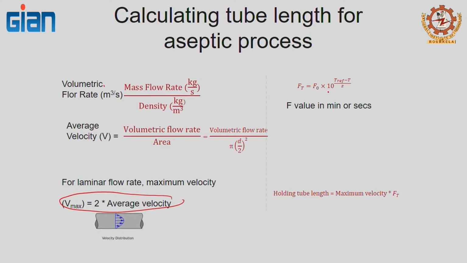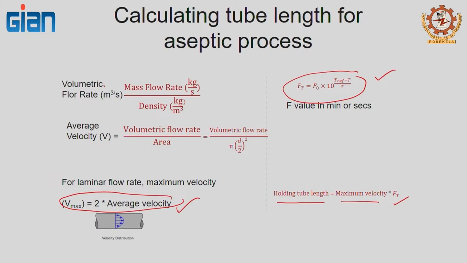From there you also calculate your processing time, knowing your D and z values, and then you can calculate the holding tube length from the maximum velocity, which comes from here, and then F_T, which comes from here. So, this is what you do.